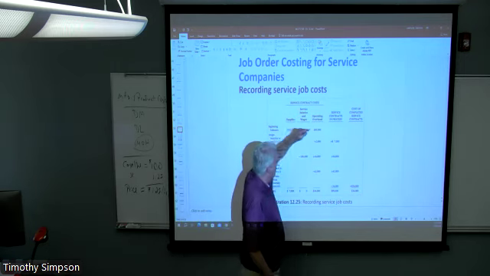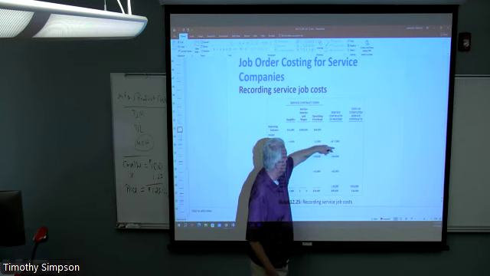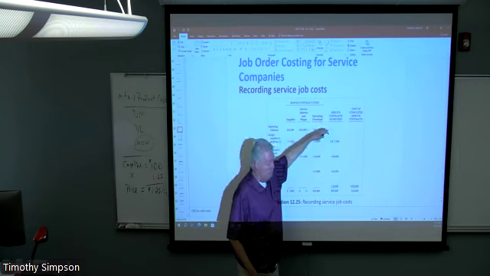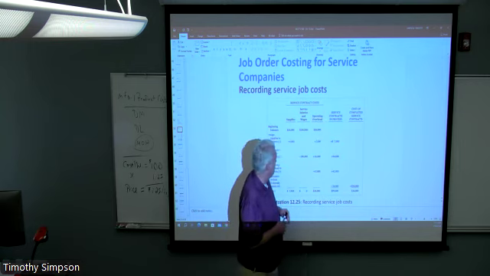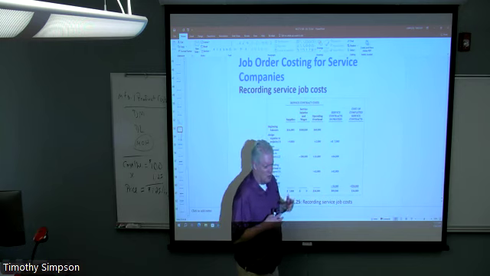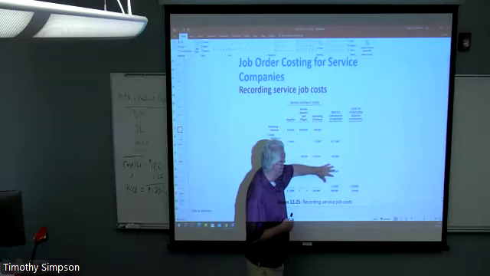Notice it goes to work in process, which we call something different. It's called service contracts in process, which is the same concept as work in process, where there's physical inventory. This is just interior design, but the job's not done yet.